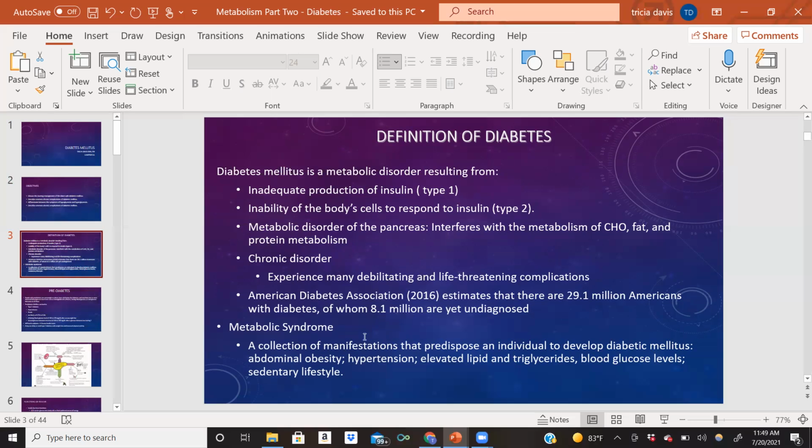So metabolic syndrome is a collection of manifestations that are said to predispose a person to developing diabetes mellitus.